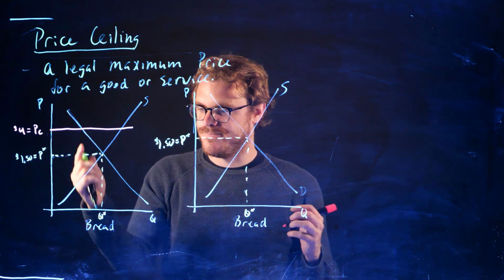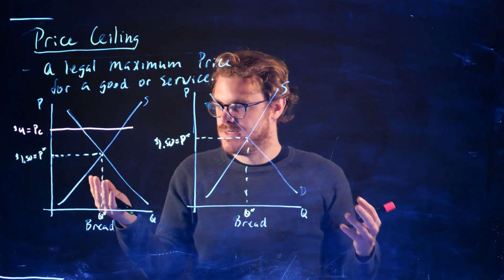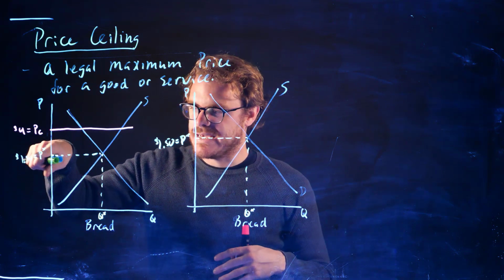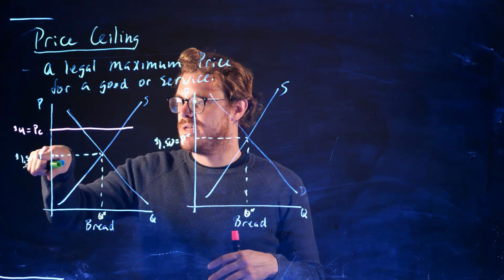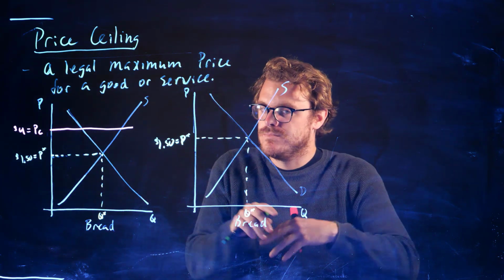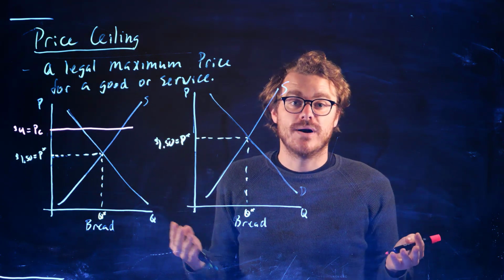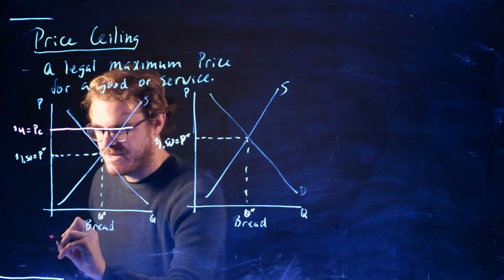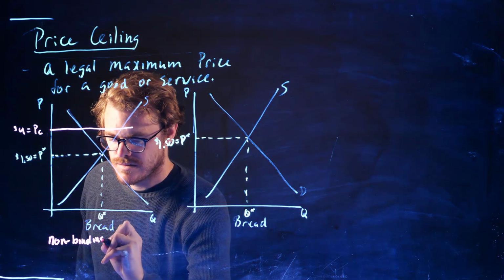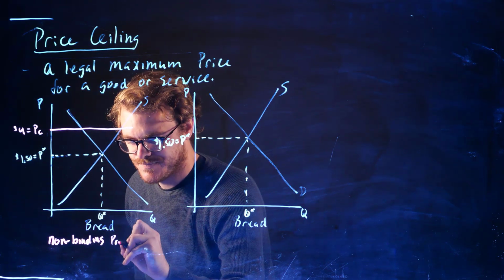So supply and demand forces in this competitive market are coming to an equilibrium price of, let's say, $1.50. And the government's saying, well, the maximum you can charge is $4. That's not going to affect the market whatsoever. So this is going to be a non-binding price ceiling.